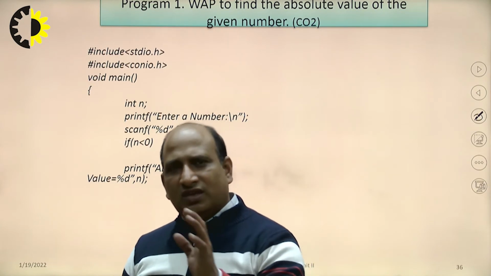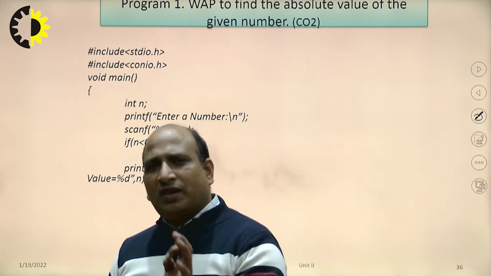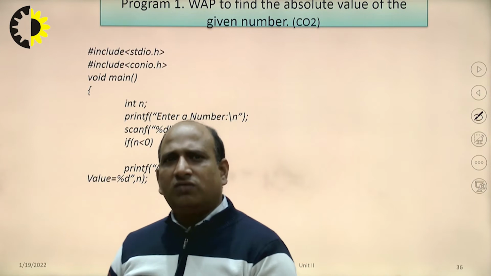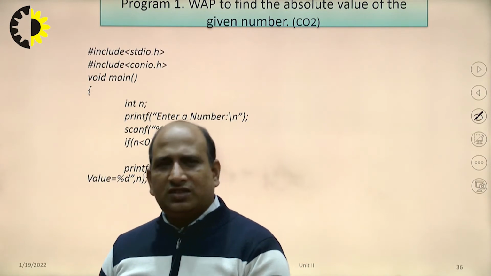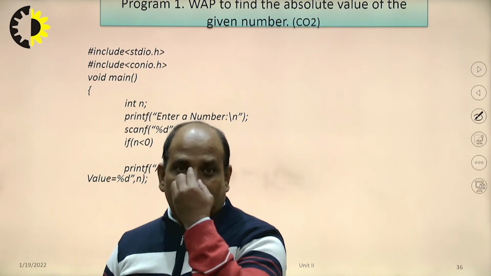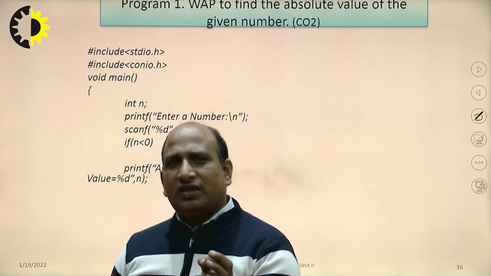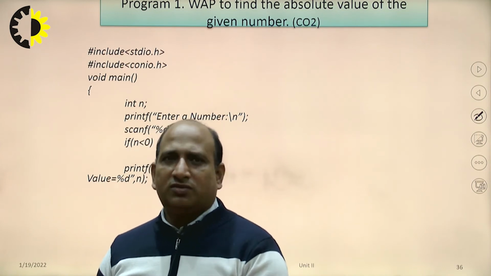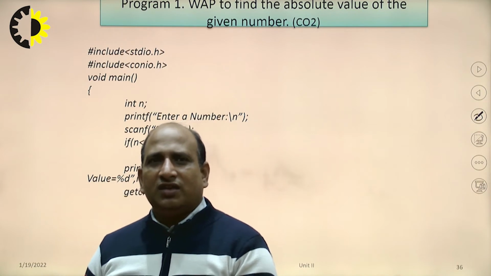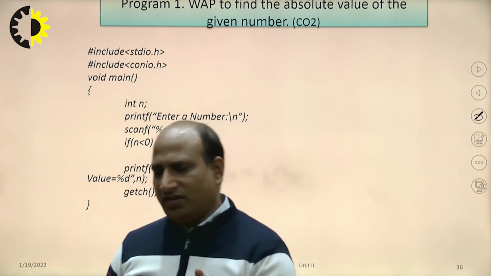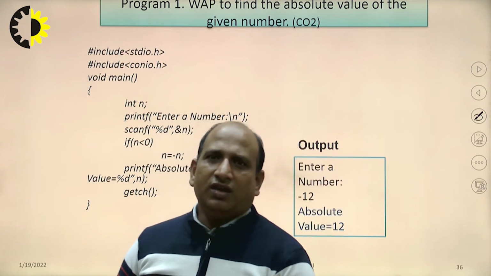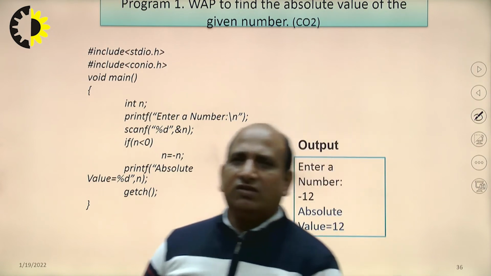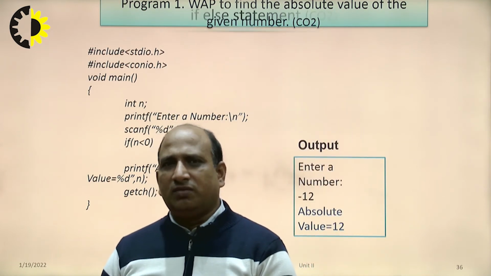If n is less than 0, minus of minus value will be positive, and hence it gives the absolute value, and this way we just assign -n to the n variable. If the value of n is -3, minus of -3 is +3, that is assigned to n, and that absolute value of n has been printed. This way we can find the absolute value of a number, and the output of this program, if the value is -12, the result will be absolute value equals 12.